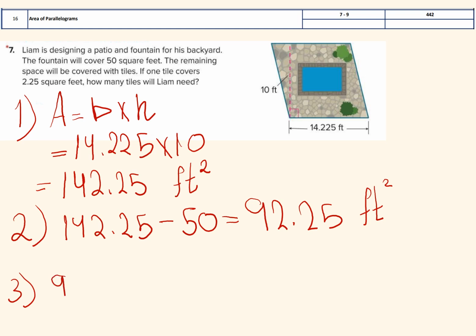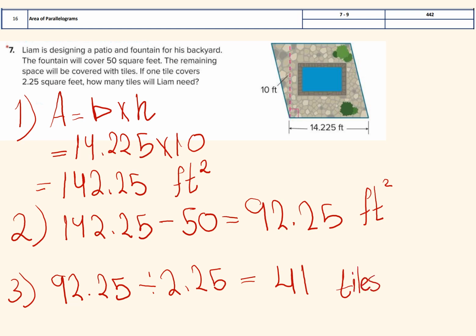So 92.25 divided by 2.25. The answer is going to be 41. 41 tiles I need to cover this area. So that's it for that question.